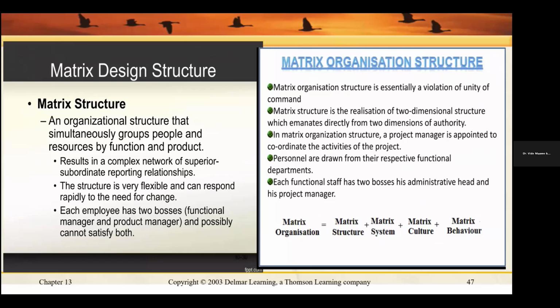Each employee has two bosses, one functional and one product, and possibly cannot satisfy both. So the matrix organization structure is essentially a violation of unity of command, where we should have one superior, one boss. This design sometimes violates it because you have the products and function.